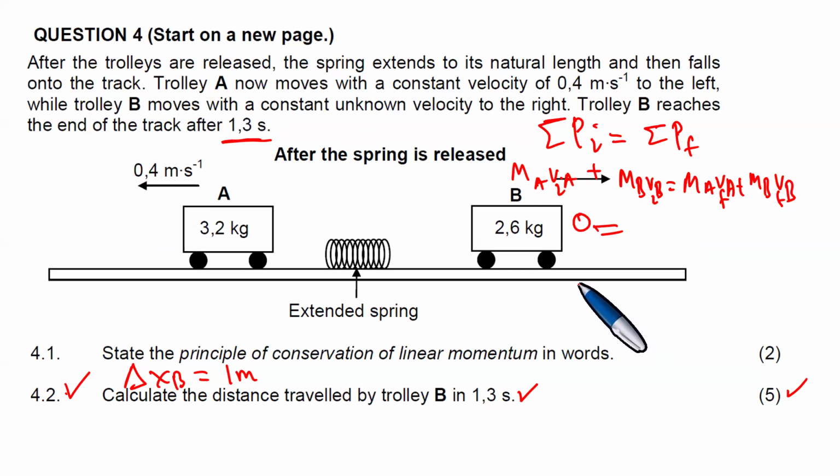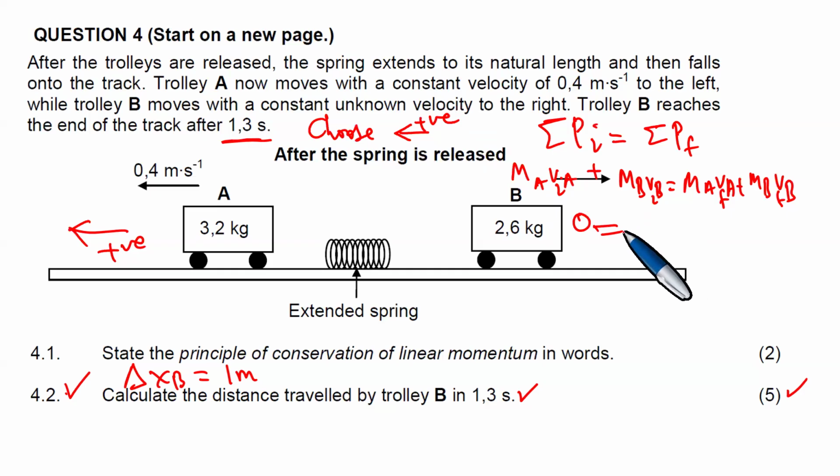Right, so if you look at trolley A, if you choose the motion to this side as positive, so choose left as positive, then this one is going to be 3.2 of mass of A, 0.4 meters per second.